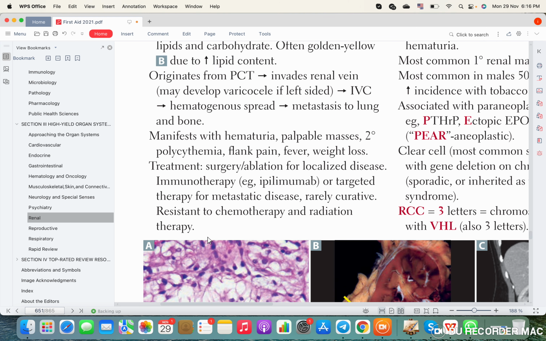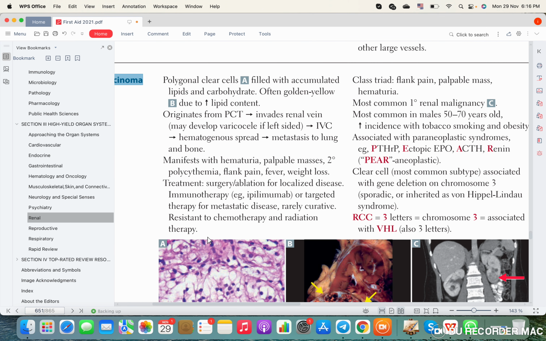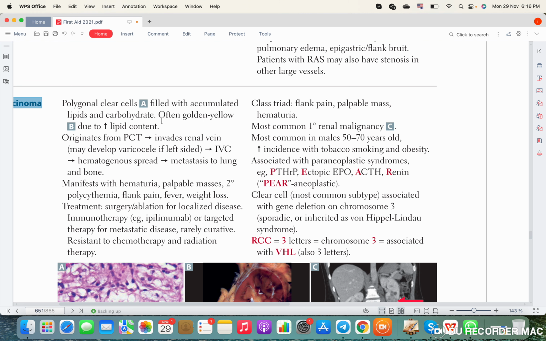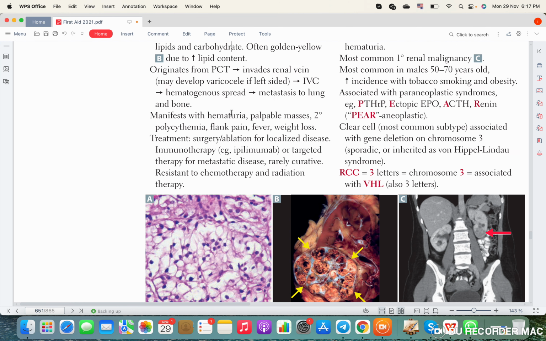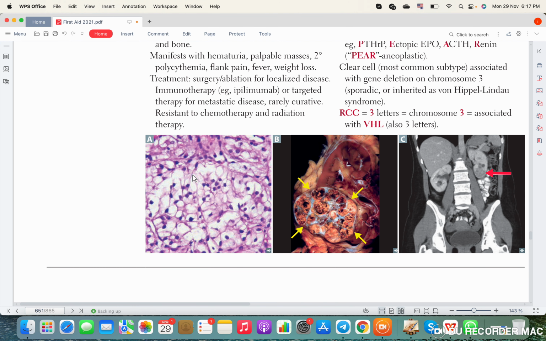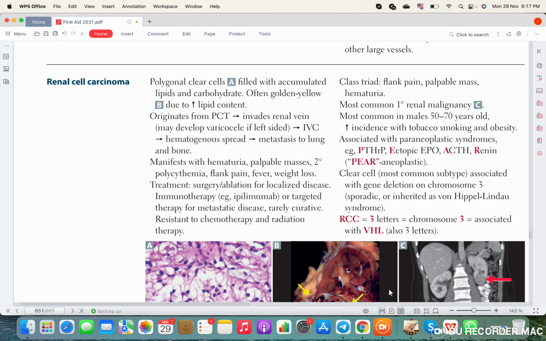Is it visible like this, guys? Can you see normally? Okay, good. So it's polygonal clear cells filled with accumulated lipid and carbohydrate. Now comes the question. You are telling me it's filled with lipid and carbohydrate, but when I look at the picture, it looks empty. Why does it look empty, since you said it's filled with lipid and carbohydrate?